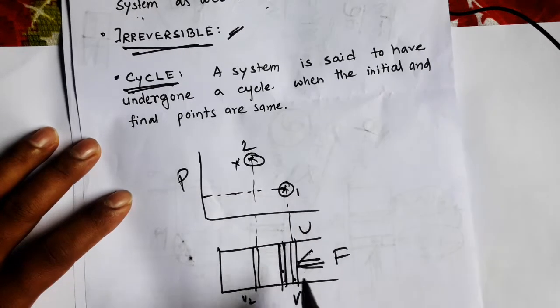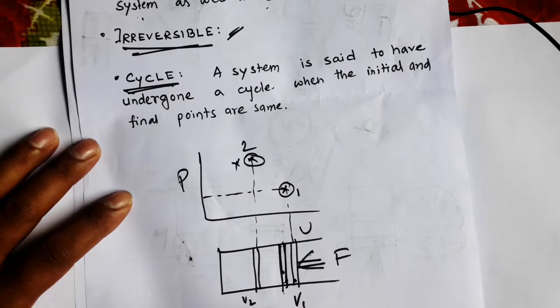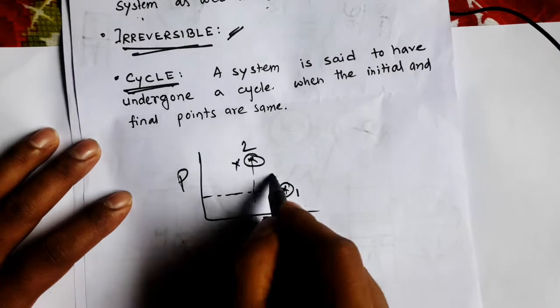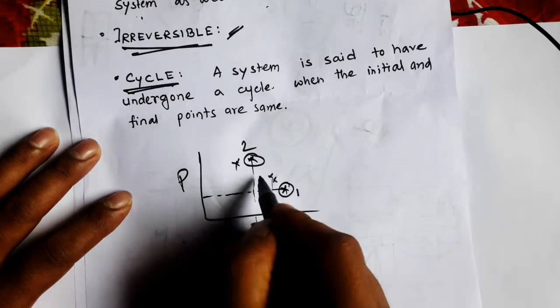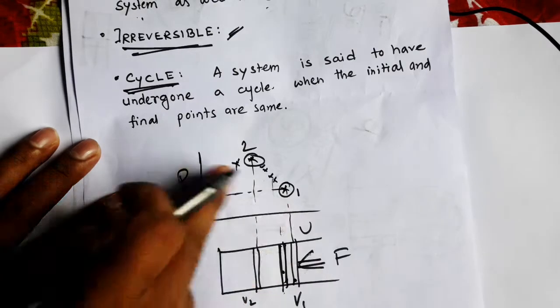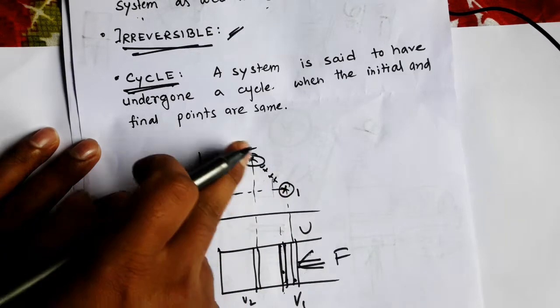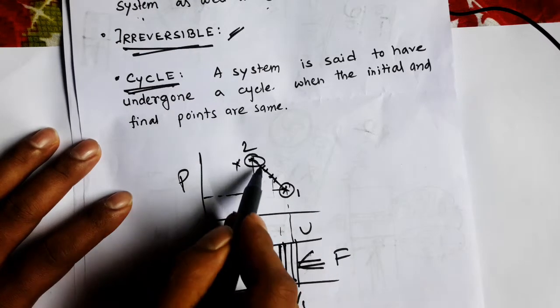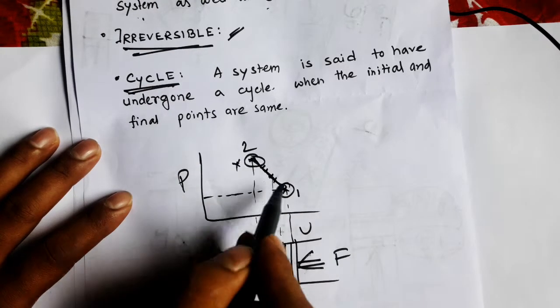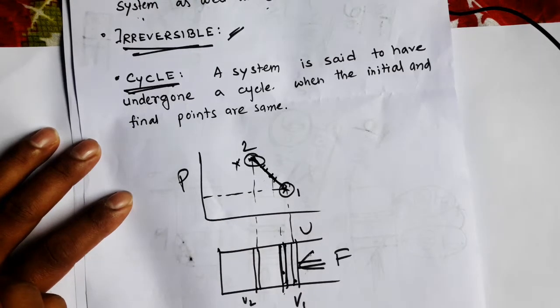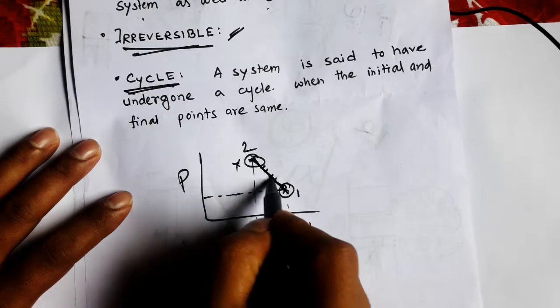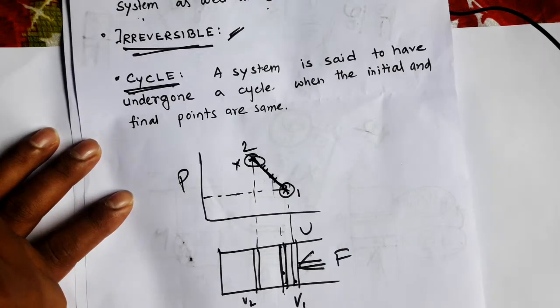In that position pressure is P3 and volume is V3. Suppose this is a state. In that way we can plot many states in between 1 and 2. After connecting all the states, we get a path, and this is called a process.